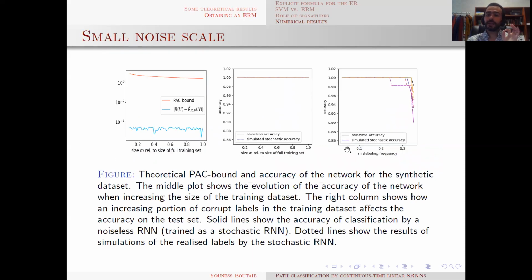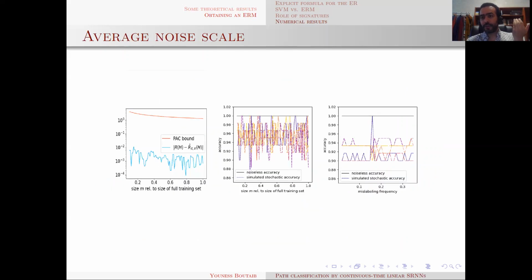Then the important experiment here is the robustness experiment, where we took the data set and started mislabeling the training data. And what we notice is that in the small noise scale, once you reach a certain critical value, the accuracy of your neural network drops in a dramatic fashion compared to the accuracy that it used to achieve before.